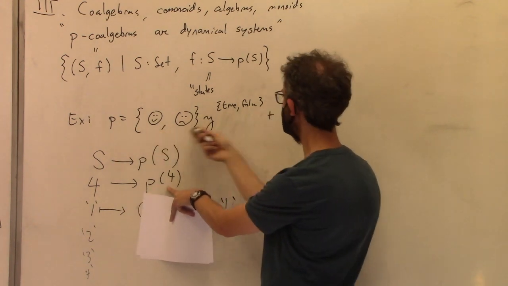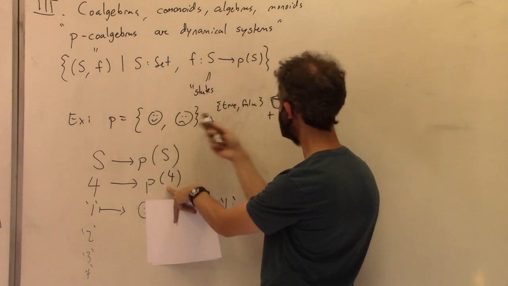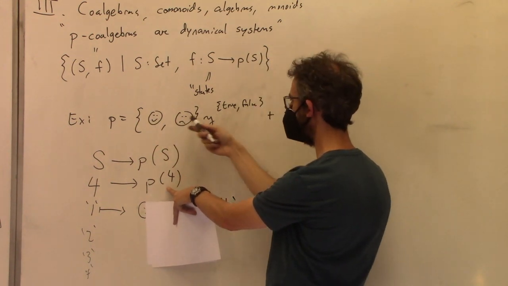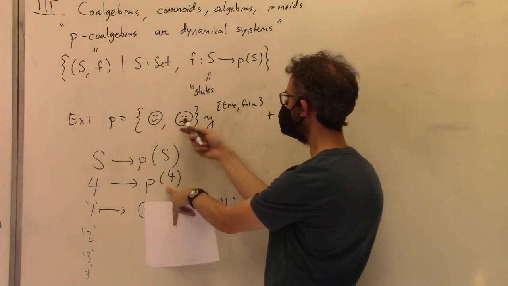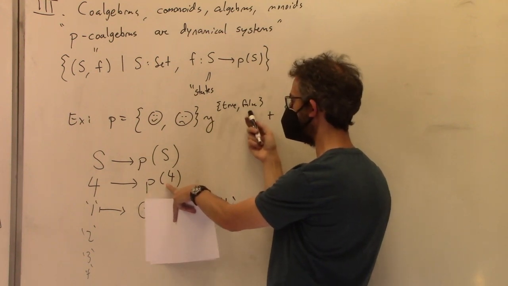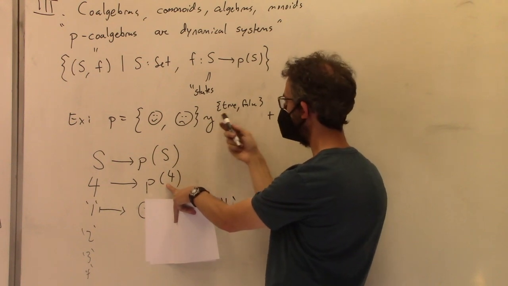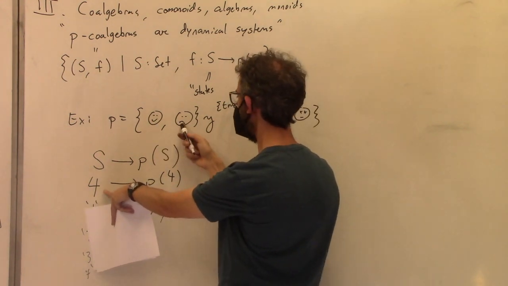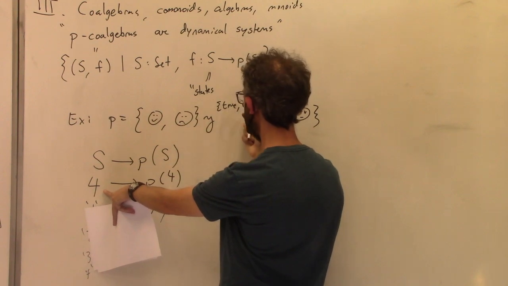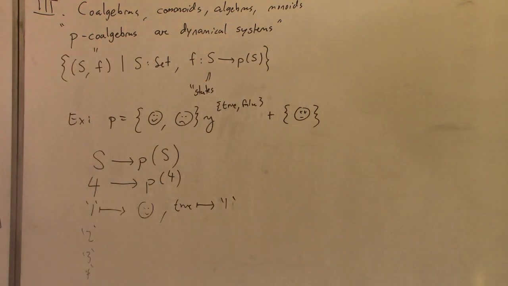And this plus means I'm supposed to give you either this, or this. And depending on which one I give you, given either true or false, I'm supposed to give you an element of 4. That's what this says.